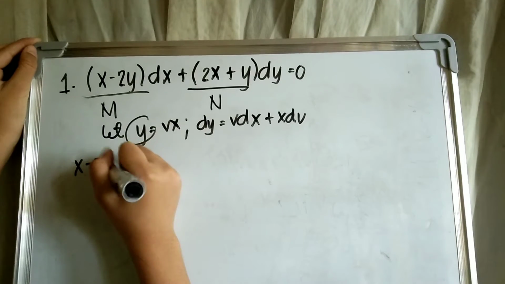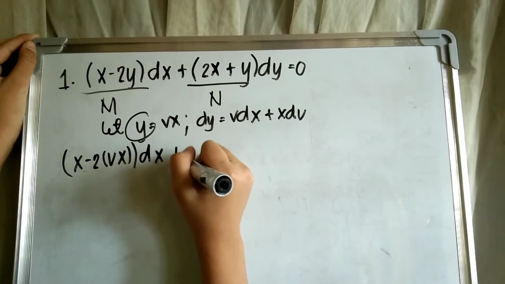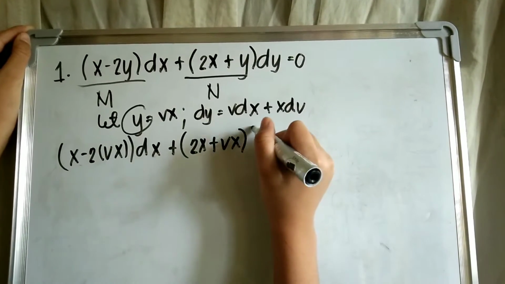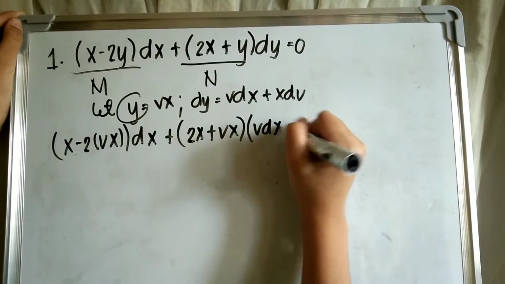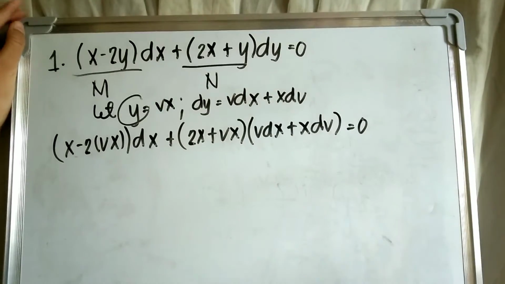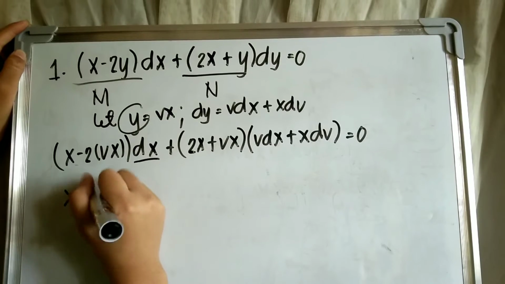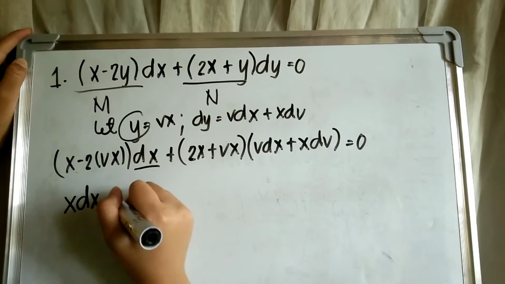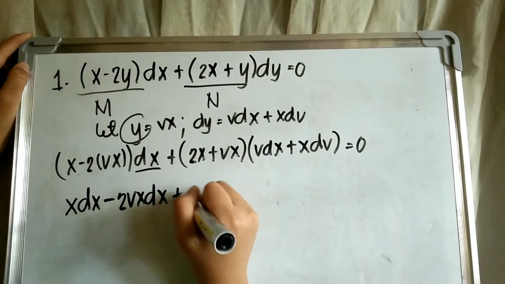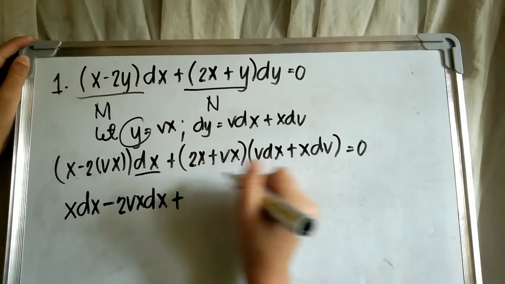(x minus 2 times v of x) dx plus (2x plus v of x), and our dy, which is v dx plus x dv, equals 0. So we will substitute this dx into our inner term, which is x. This will become x dx minus 2 v of x dx plus, so we will use the FOIL method to simplify the two terms.